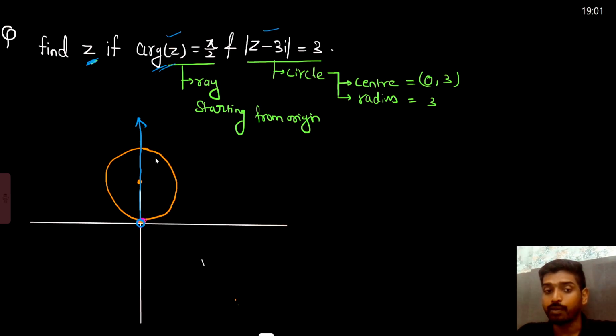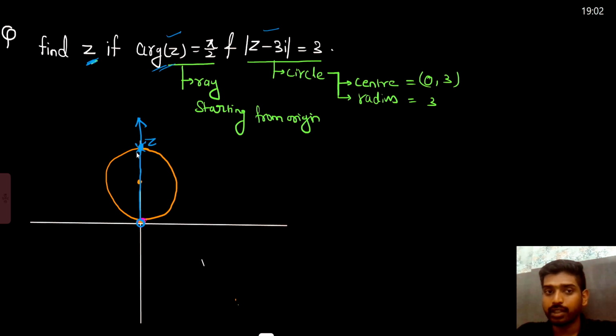So now tell me at how many points it is intersecting. It is intersecting at only one point, because at the origin there is an open circle on the ray. This represents a ray excluding origin. It is starting from origin, but origin is not included. Got it? So this point is my complex number z.